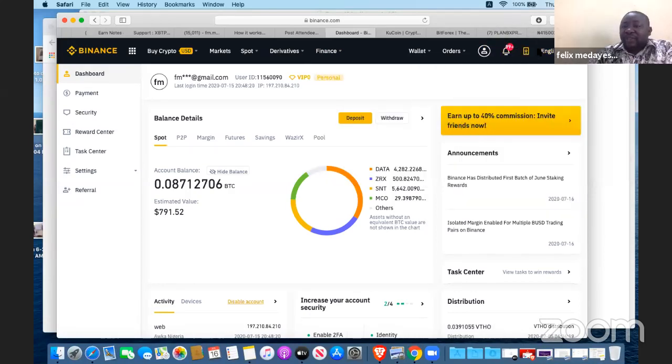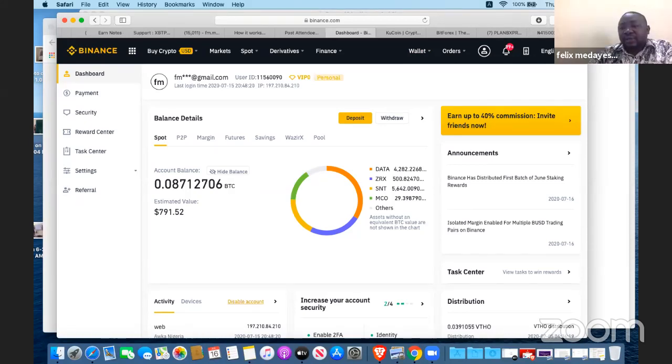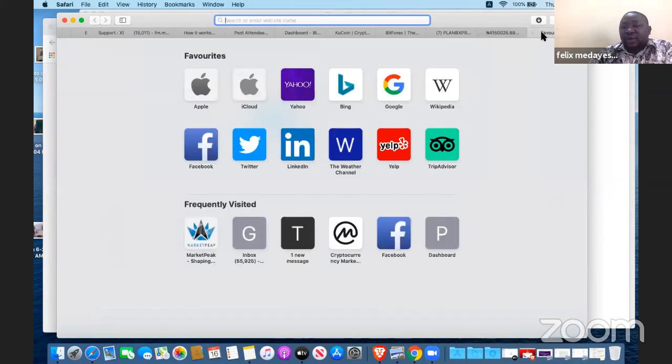Let me use an example. Can you see my browser? Can you see this plus sign? If I click it, what does it bring? It brings another tab, but on the same browser.